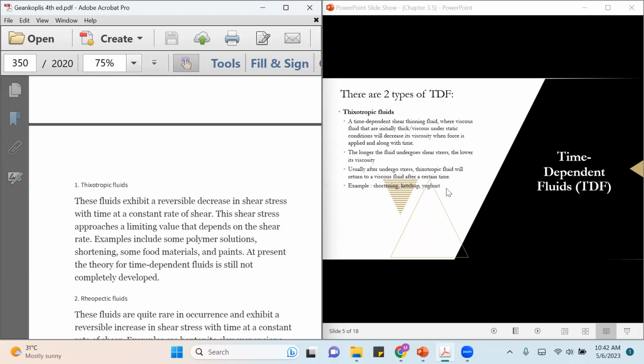However, once you put it back and just leave it without giving it any more stress, and then tomorrow you eat again, the texture will come back. It will again behave like a solid. That's thixotropic fluid.